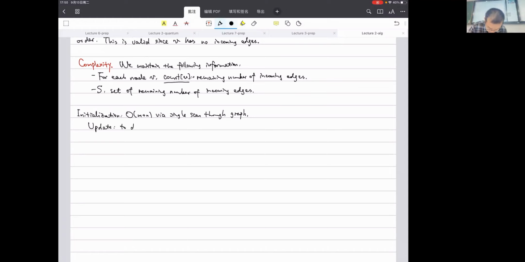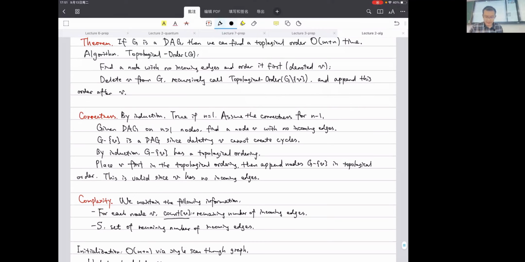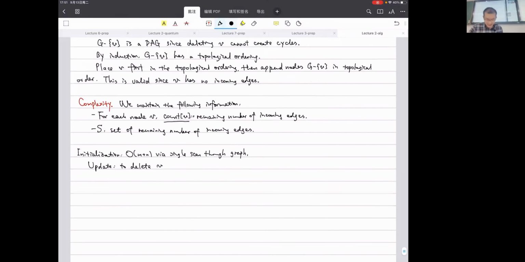So to delete, we want to take a closer look at the algorithm. The main thing that we need to maintain carefully is that the algorithm is calling recursively, and we keep deleting vertices, each time one that does not have an incoming edge. So the most important thing is the update: each time we delete a certain vertex v, what is going to happen.